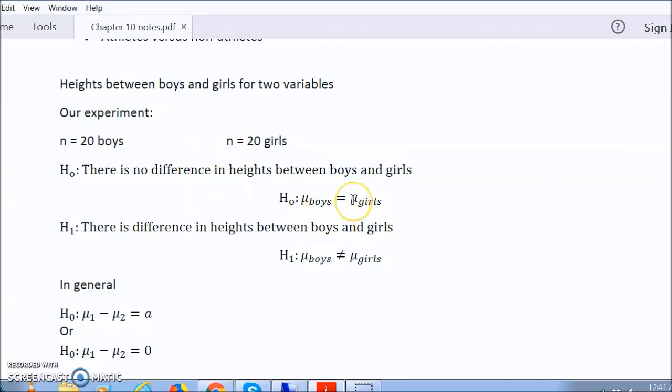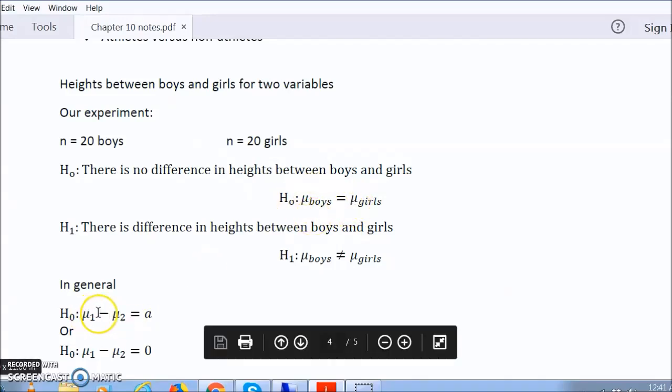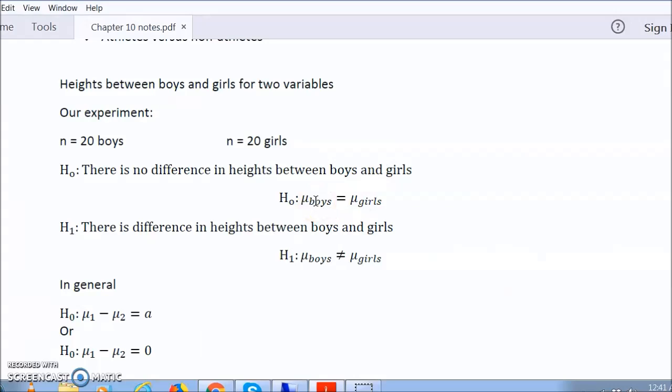Here it is not giving you a pinpoint value, so it could actually be written as mu1 minus mu2 equals 0, because we are assuming that the mean heights of boys and girls are the same. And then here it would be mu1 minus mu2 is not equal to 0.